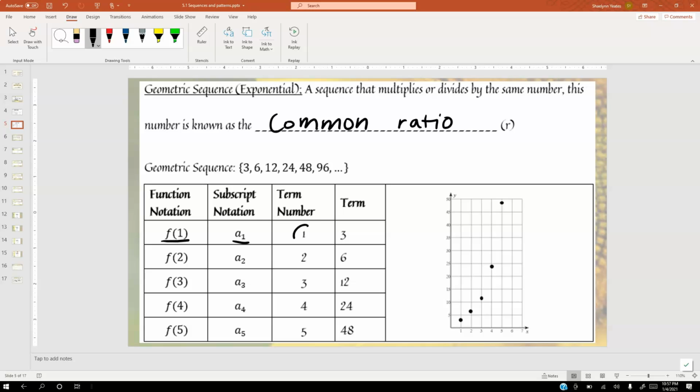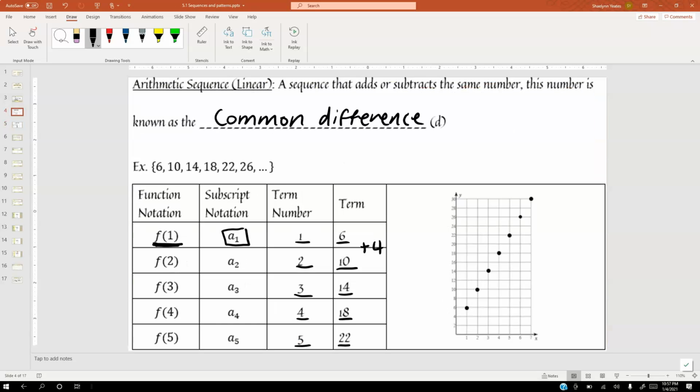That just means the same thing. It just means you're talking about the first term. The first term in this particular sequence is 3. Then the next term is 6, then 12, then 24, then 48. What's happening here every single time is we're taking the term before and we're multiplying by 2. Right? Just like how in the last one we were adding 4 every single time.